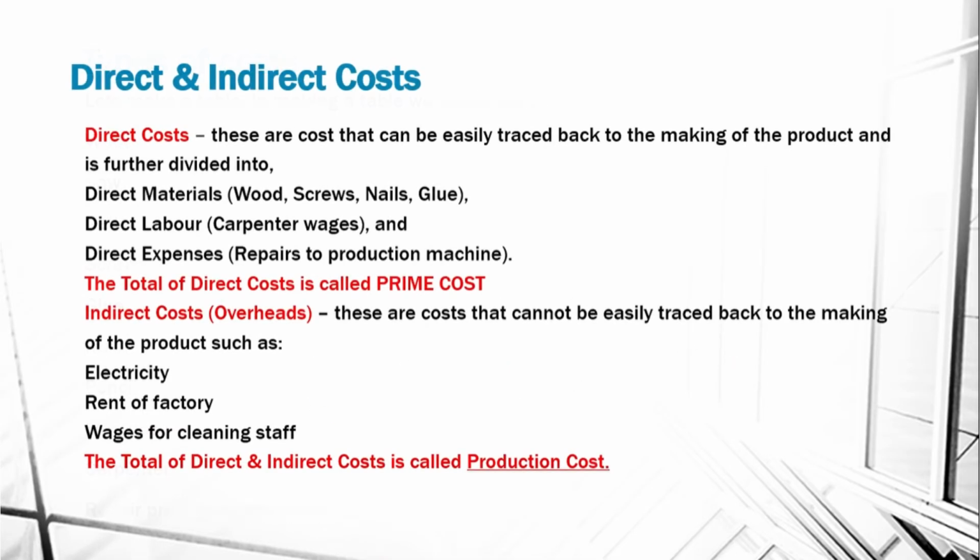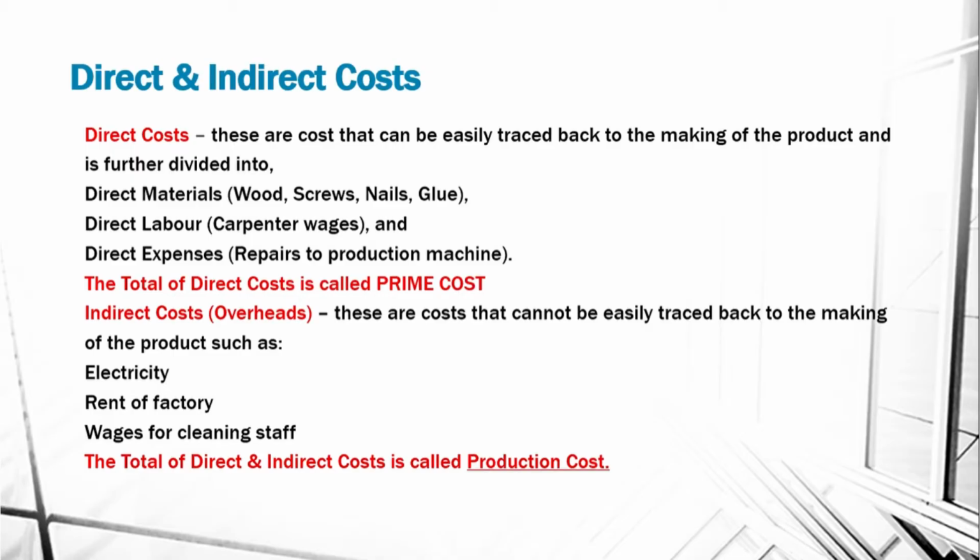So let's talk about direct and indirect costs. In a manufacturing firm, which is a firm that makes their own products, we have two important types of costs. We have what is called direct costs and we have what is called indirect costs. Direct costs are costs that can be easily traced back to the making of the product, right?